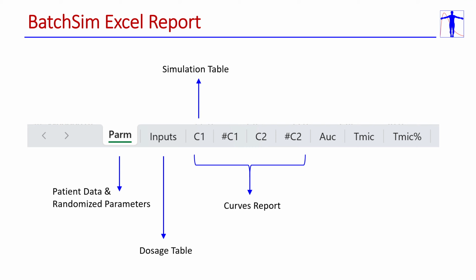The worksheet without the hashtag prefix contains the raw simulation output table. The worksheet with the hashtag prefix contains the graphical representation of the simulation. A worksheet is generated for each captured variable containing its value for each dosing interval. These represent the variables that were labeled with the report tag.